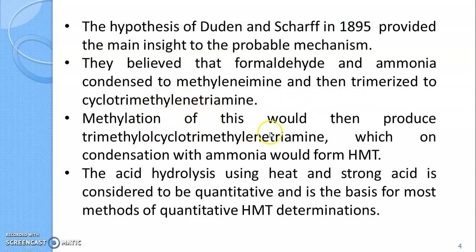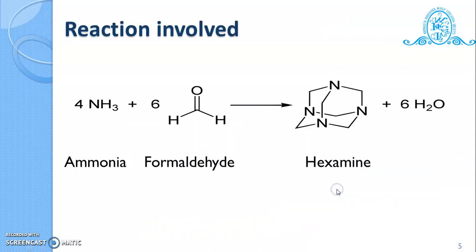Methylation of this would then produce trimethylene triamine, which on condensation with ammonia would form hexamethylene tetramine. The acid hydrolysis using heat and strong acid is considered to be quantitative and is the basis for most methods of quantitative HMT determination.